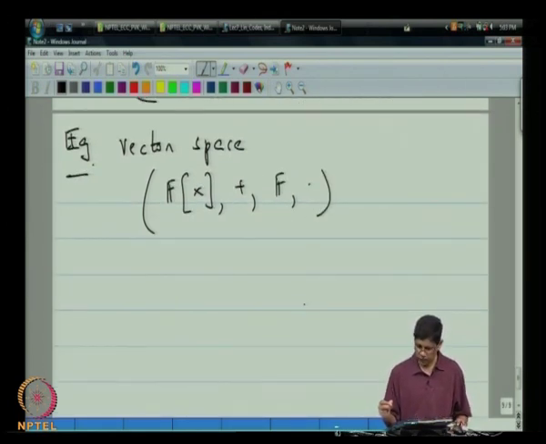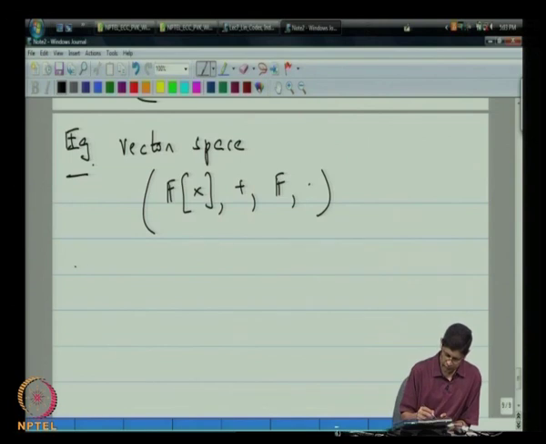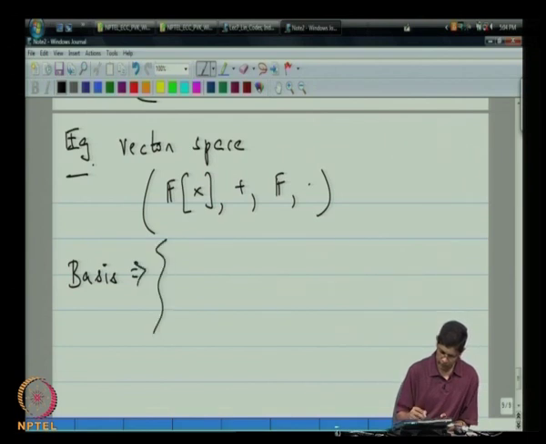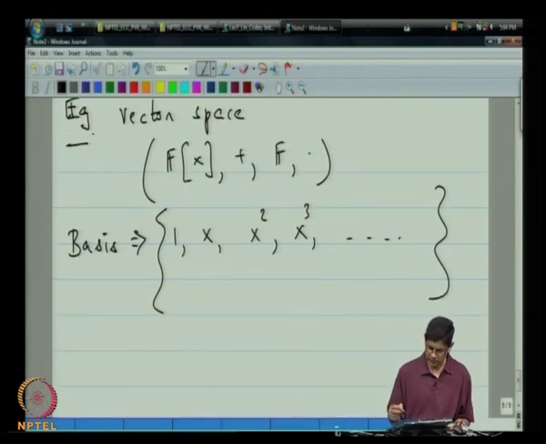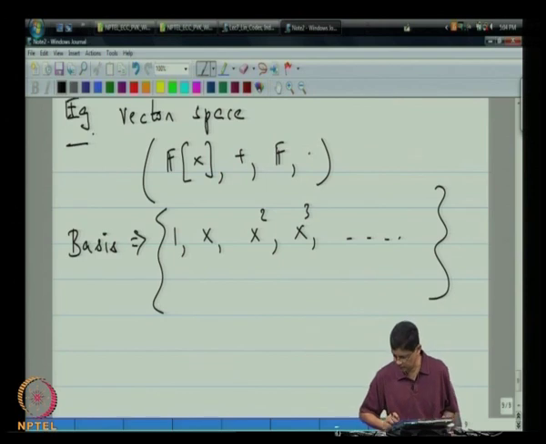Then you can verify that the following is a basis: the polynomials 1, x, x squared, x cubed, dot dot dot. This set is a basis, and you can verify that it satisfies the requirements.